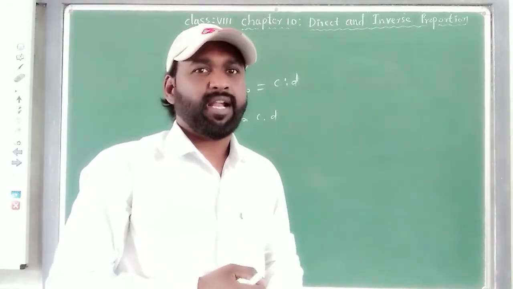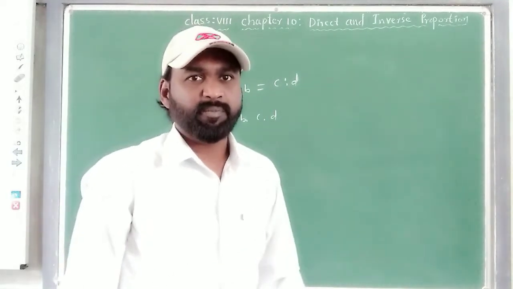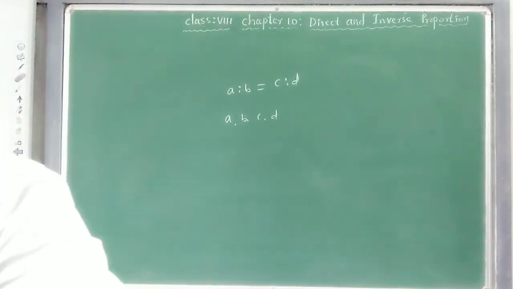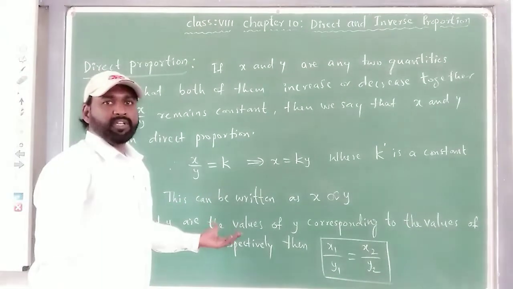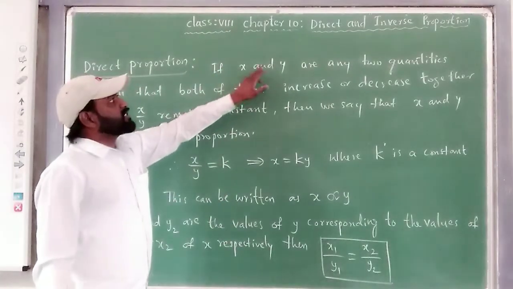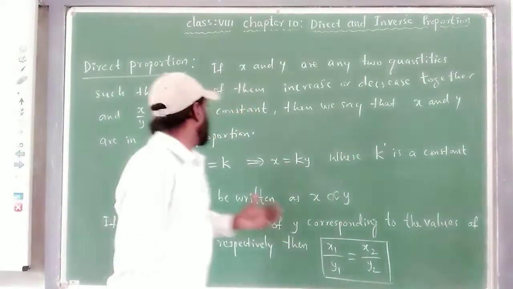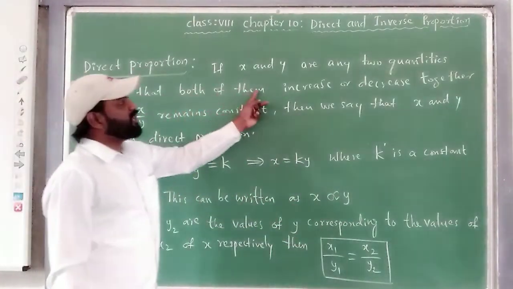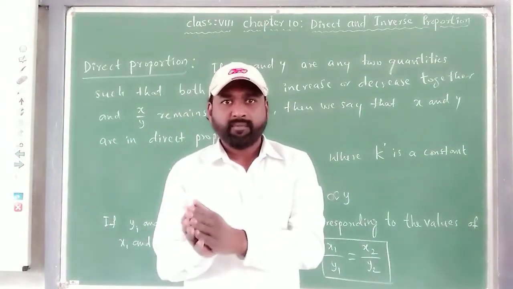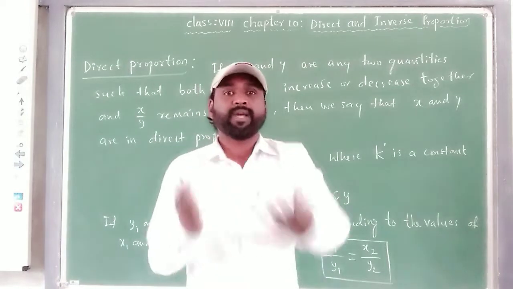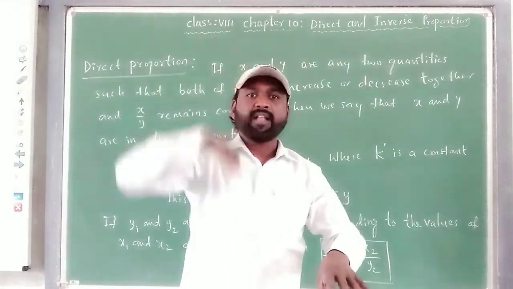Now let us go for the actual definition using variables for direct proportion and inverse proportion. Let's see direct proportion using variables for two different quantities. If x and y are any two quantities such that both of them increase or decrease together, that means if x increases, y also increases; if x decreases, y also decreases.